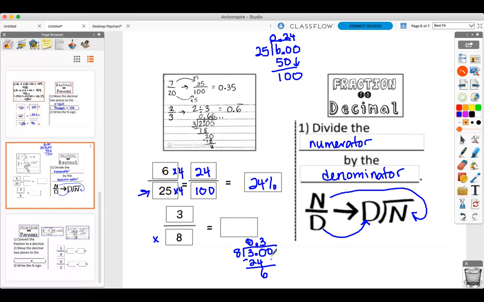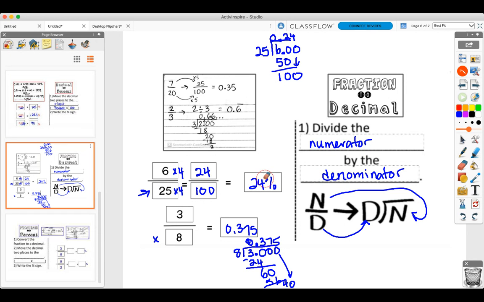Add another 0 here, bring down that 0. 8 goes into 60 7 times. 8 times 7 is 56. This is a 4. Bring another 0 here, bring it down. 8 goes into 40 5 times. So your decimal is going to be 0.375.